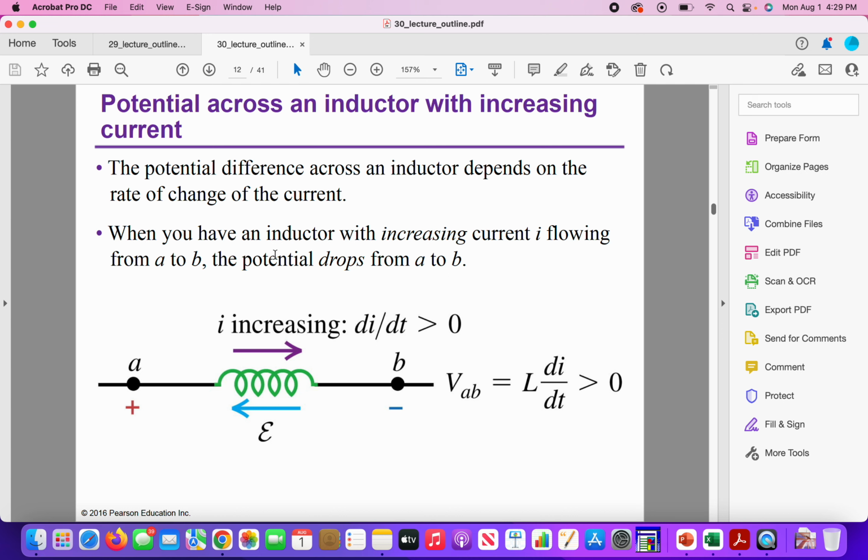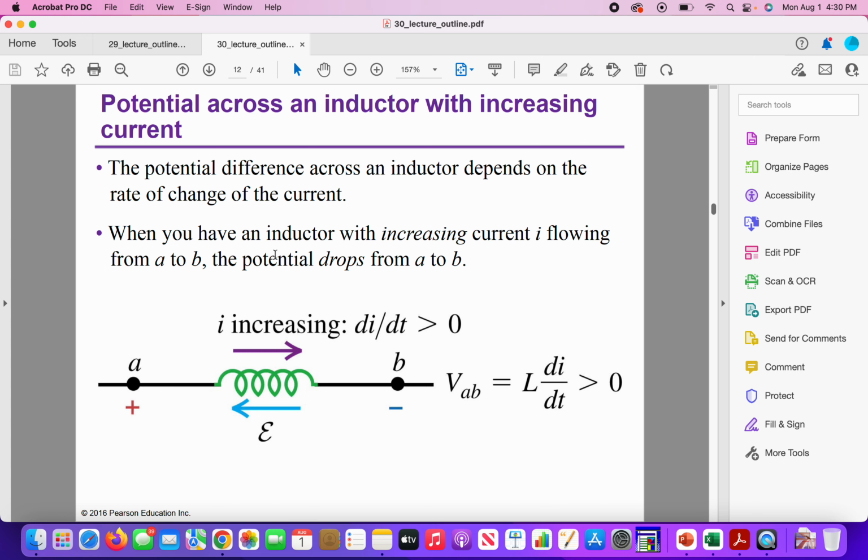But if we have a potential difference across an inductor that is making the current increase here, then the current I is going to flow from A to B. The potential drops from A to B. Therefore, VAB equals L di over dt is going to be greater than 0.